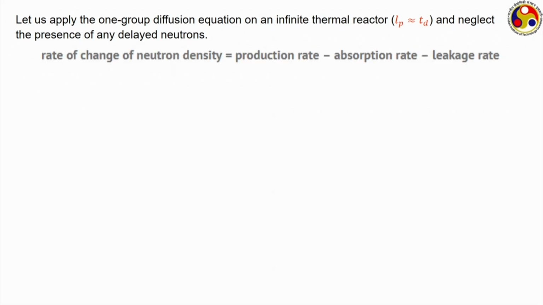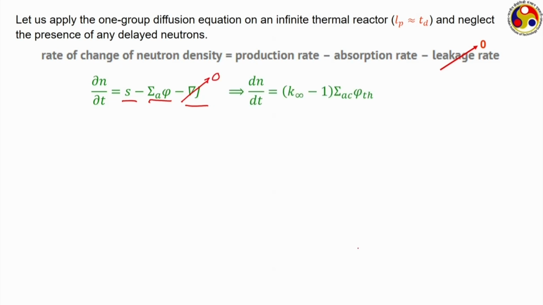The rate of change of neutron density should be equal to the production rate minus absorption rate minus leakage rate. As we are considering an infinite reactor, there is no leakage, so we have only production and absorption. Accordingly, this is the equation where S is the production rate, this is the absorption rate, and finally this is the leakage rate, but this leakage rate of course will be equal to 0. So, the equation reduces to this particular form.